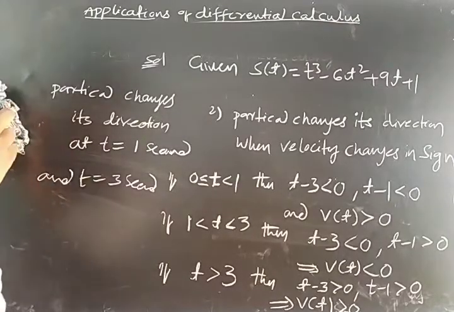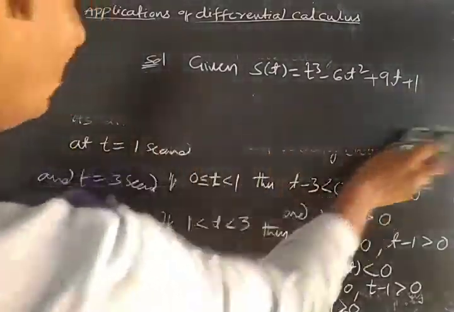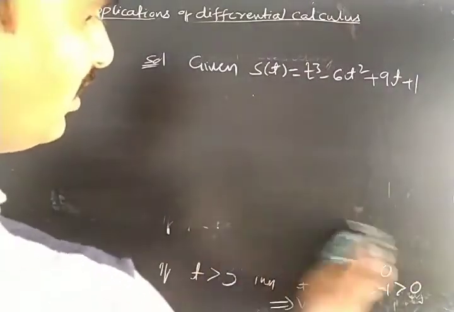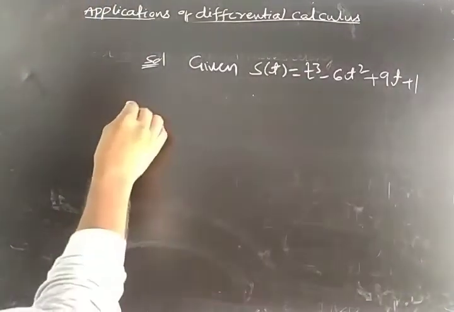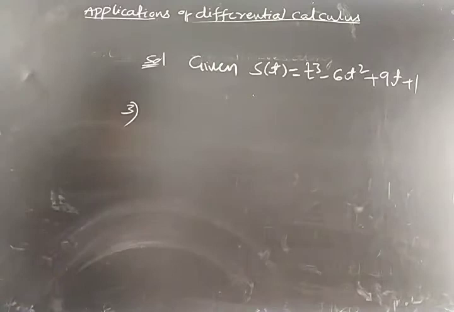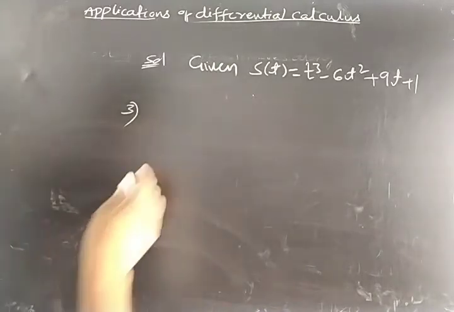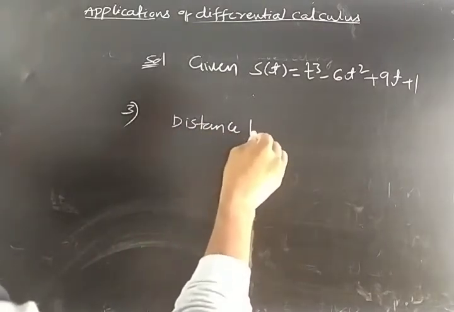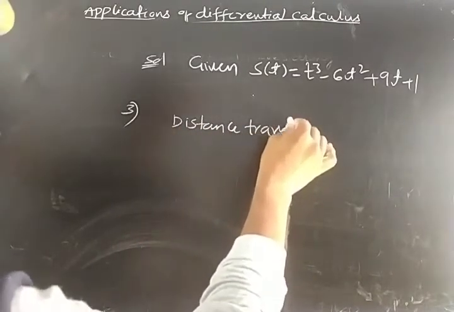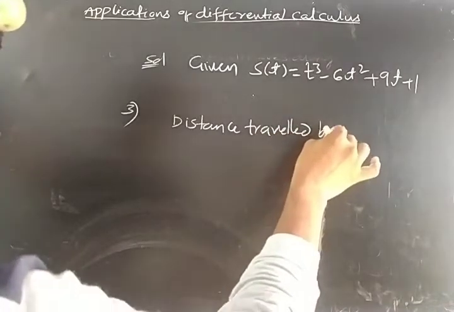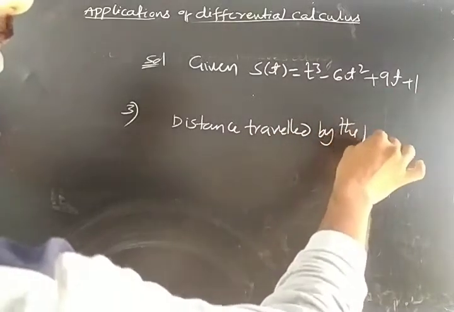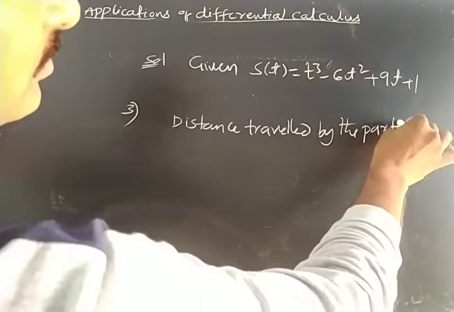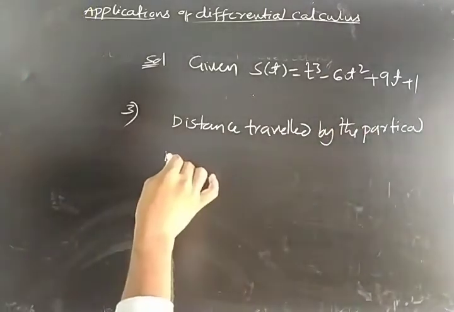Now we have to find the third question. What is the third question? We have to find the distance traveled by the particle in the first 2 seconds.